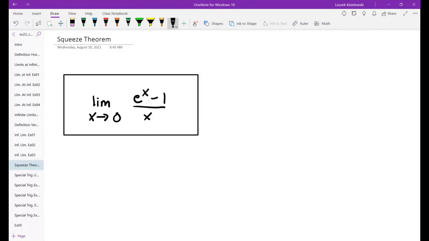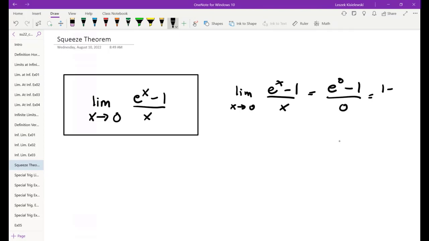What's interesting about it is that none of the techniques you've learned so far really can help you evaluate the limit. If we attempt to evaluate directly, we get 0 divided by 0, and e to the 0 is 1. Okay, so that's indeterminate.